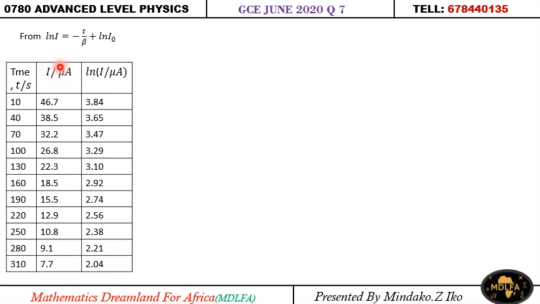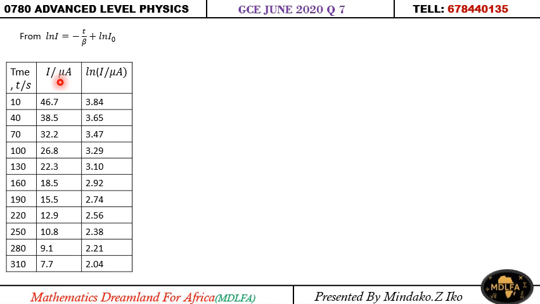Mine uses the microampere, so our values might be slightly different. The general assignment is that you plot a graph of ln I against t, where this I is converted to ampere, not microampere.